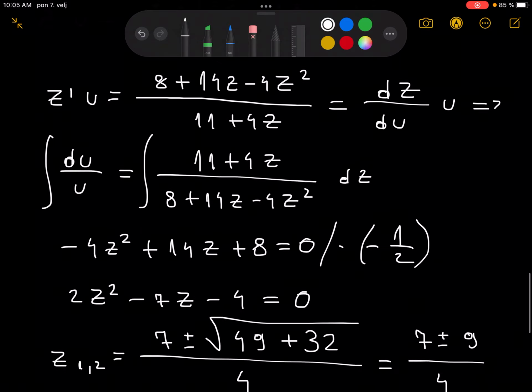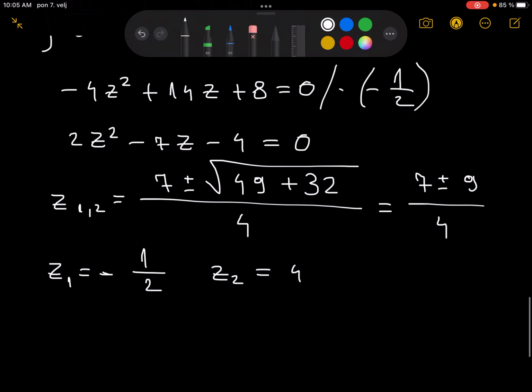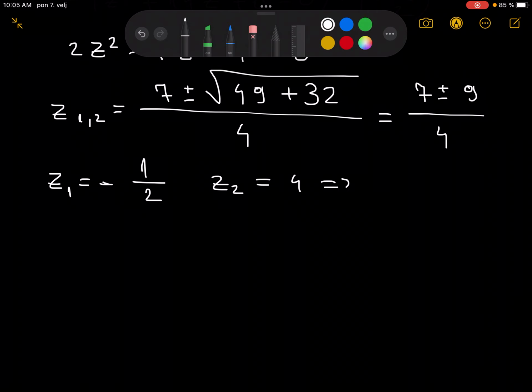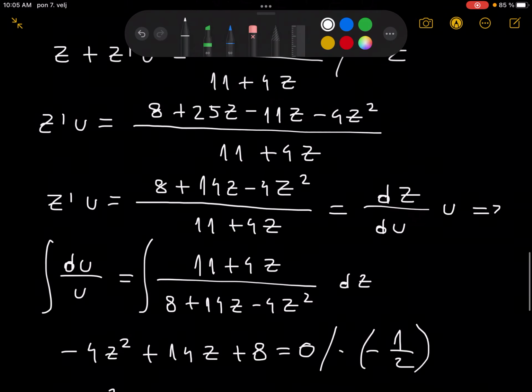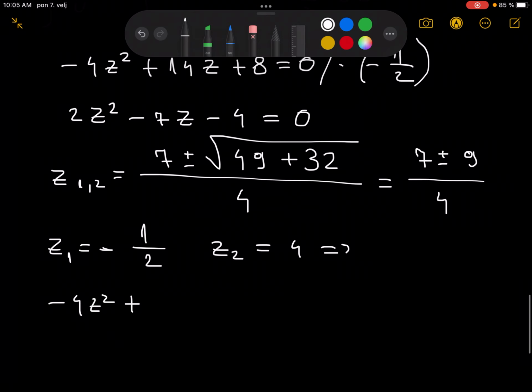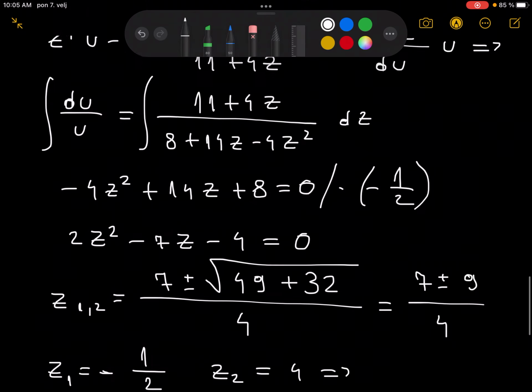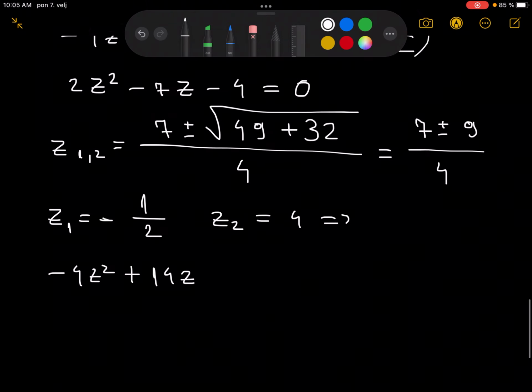Okay, so that means that we can rewrite minus 4z squared plus 14z plus 8 as negative 4 times z plus 1 over 2 times z minus 4.